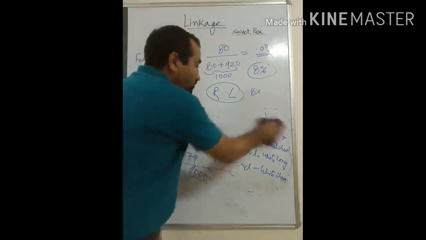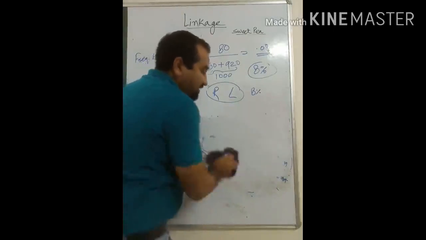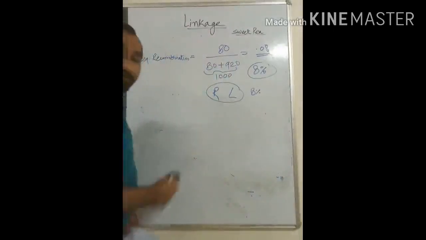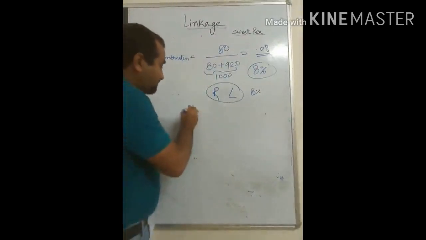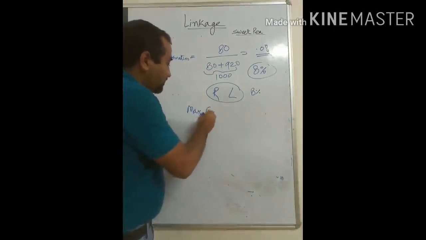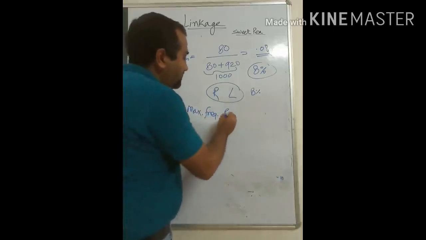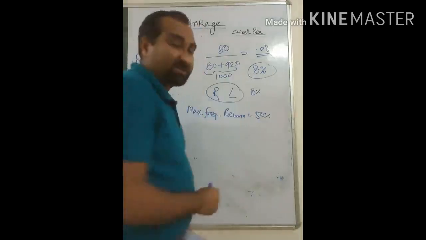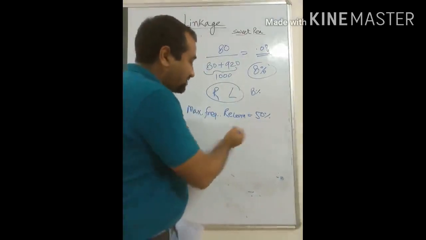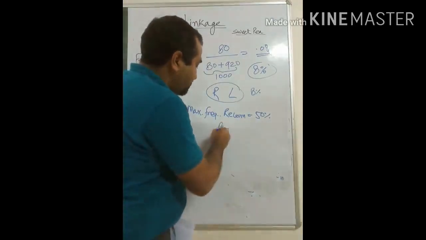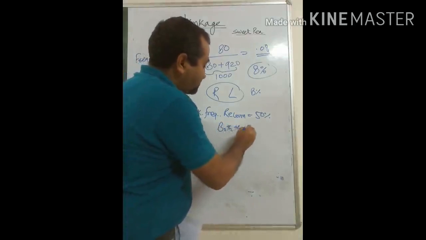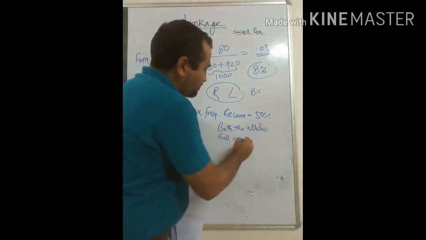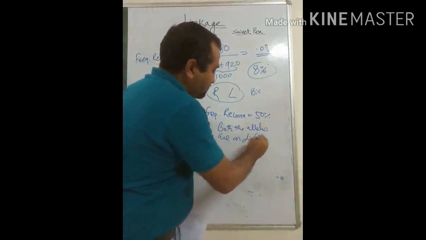And we know that the maximum frequency of recombination is 50%. Maximum frequency of recombination is 50%, and this is the case when both the alleles are on different chromosomes.